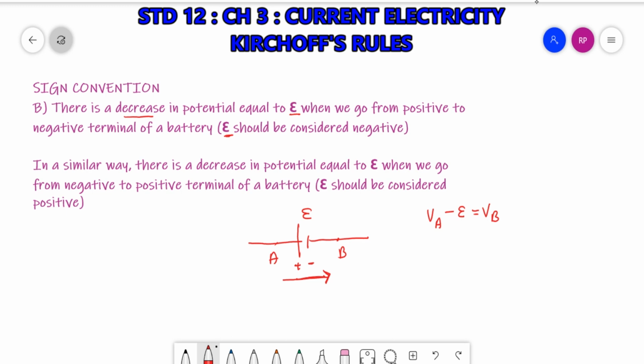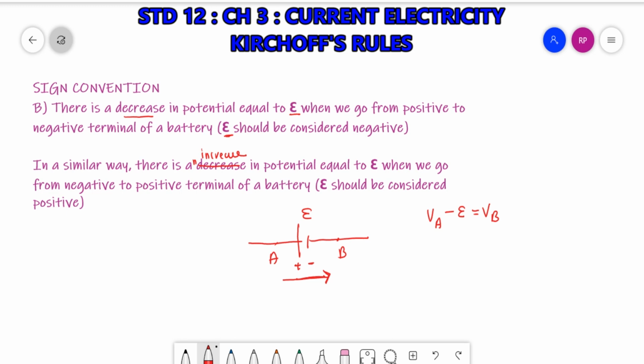In a similar way, there is an increase in potential equal to EMF when we go from the negative to the positive terminal of the battery.